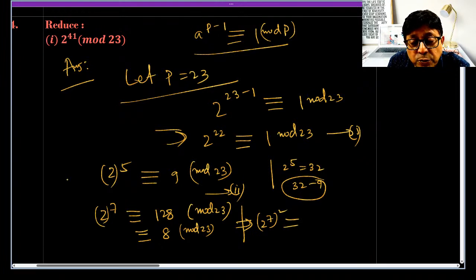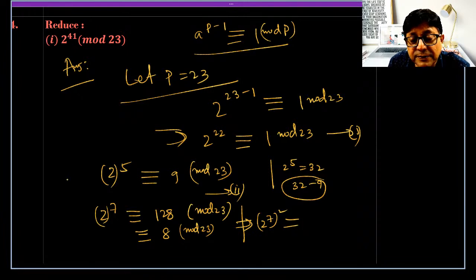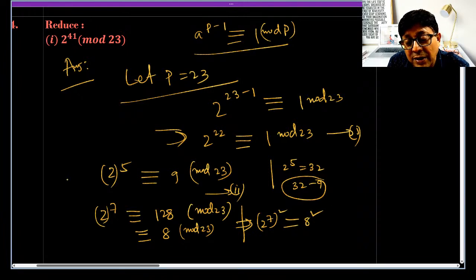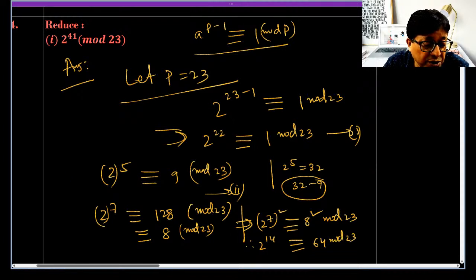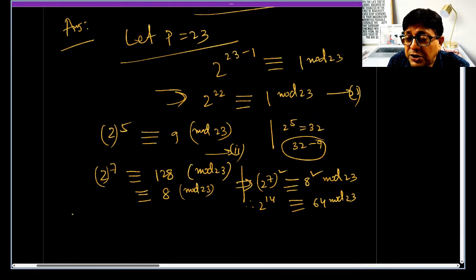So make the square of both sides. Squaring, 8 square mod 23. Therefore 2 to the power 14 is congruent with 64 mod 23. If you divide by 23, 64 minus 46 is 18... check: 64 minus 56 is 8.